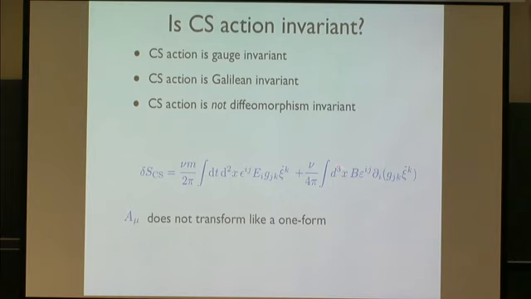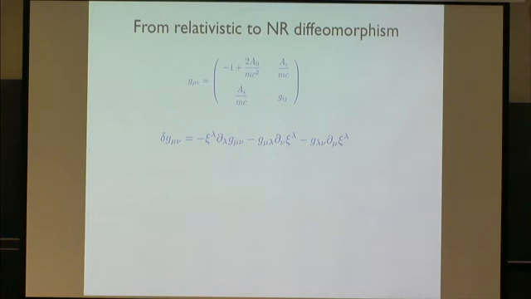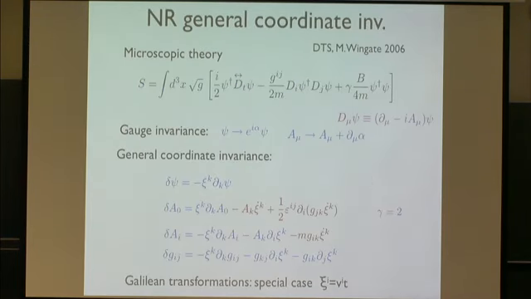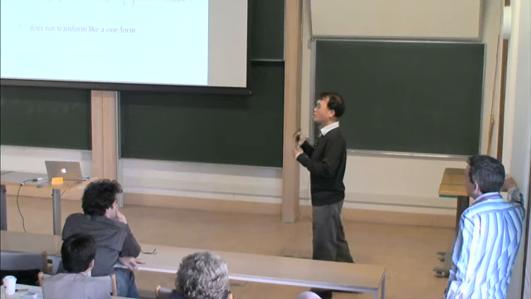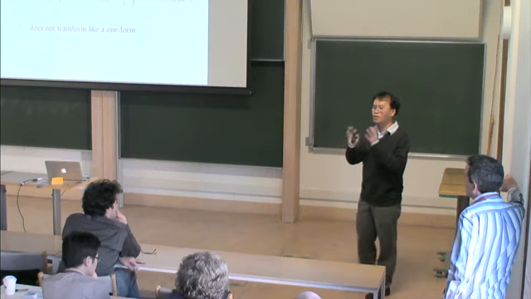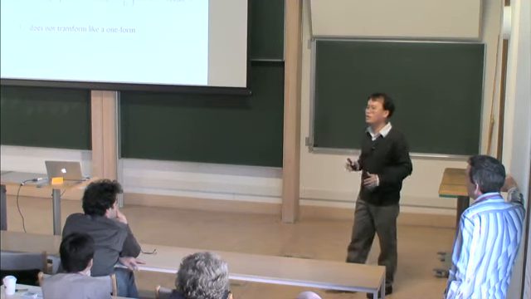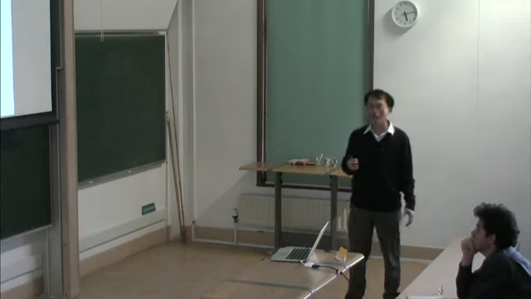Or we can just look at the transformation of A mu and notice that it doesn't transform like a one-form. There are two terms that make it not transform like a one-form, and so the Chern-Simons action is not invariant. That is a very unusual situation. Usually we think about the Chern-Simons action as invariant under everything, but here, under this particular symmetry of the microscopic theory, the effective action is not invariant.